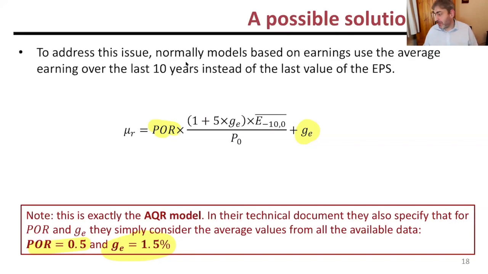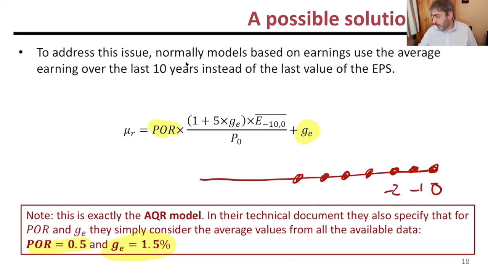Okay. Because basically, remember that what you have here is the average earnings over the last 10 years. So 0, -1, -2, -3, -4, -5, -6, -7, -8, -9, -10.